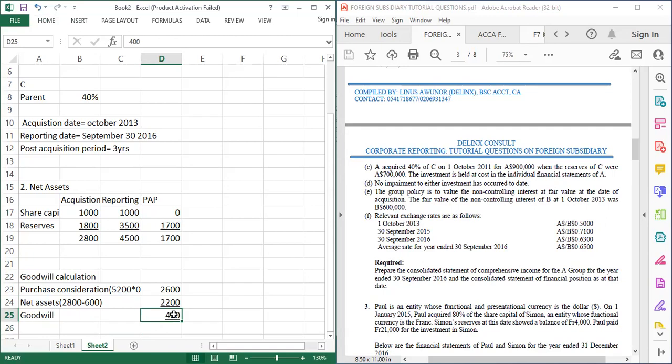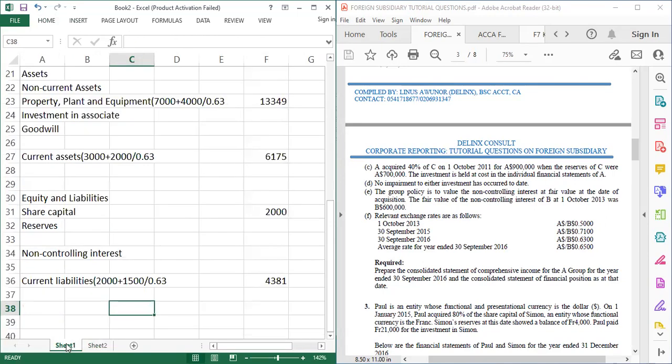But there's no impairment, so we just take the goodwill of 400. We translate it at the closing rate at the reporting date, which is 400 divided by 0.63. That will give us 635.